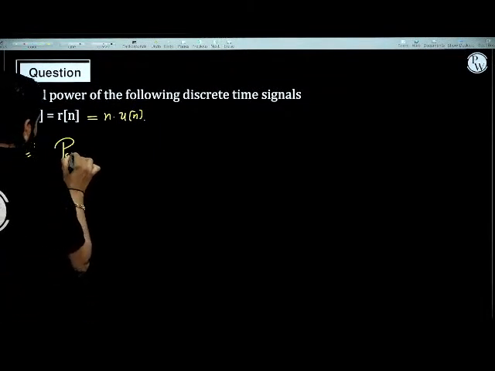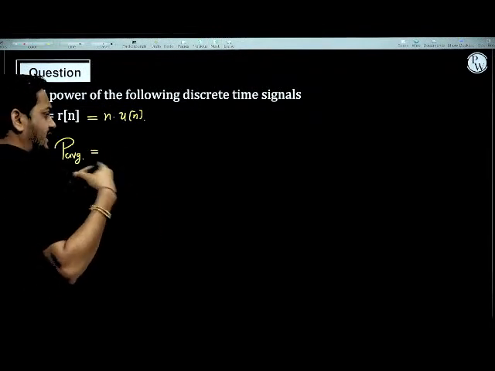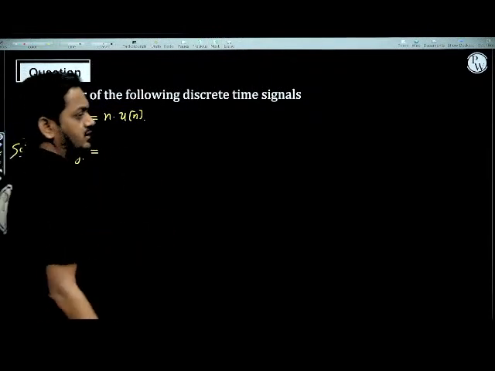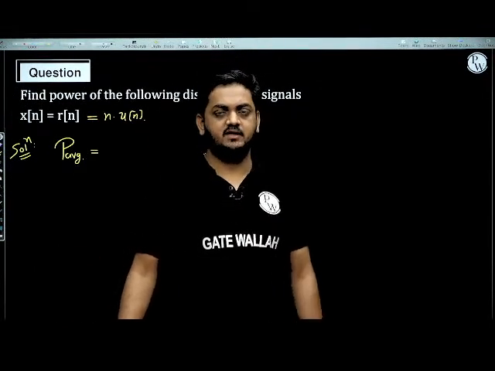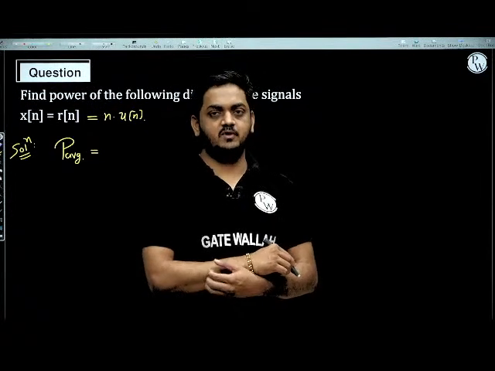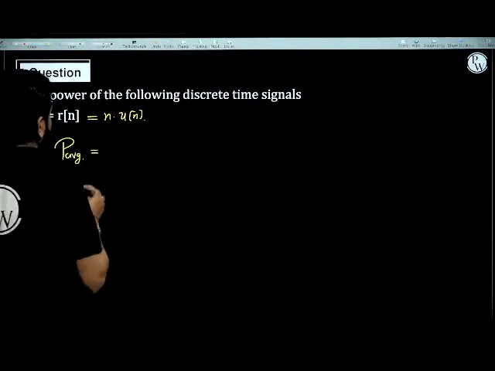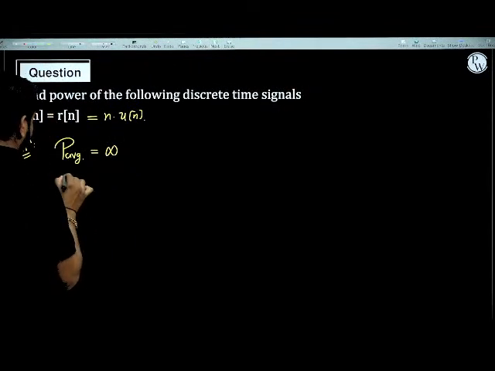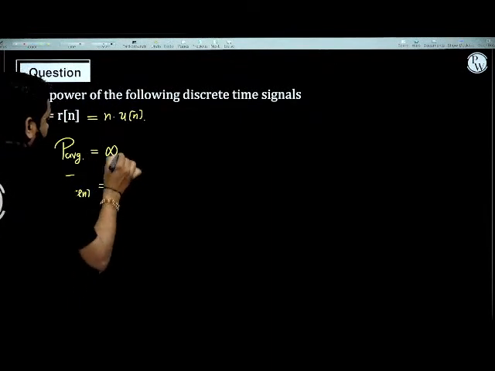So directly here you can write, this is neither an energy nor a power signal, whether discrete ramp function or continuous ramp function. Each and every infinite duration increasing function, whether left sided, right sided or both sided, is always neither energy nor power signal. Average power will be infinite and average energy will also be infinite, guys. So here the average power is infinite and the total energy of this discrete ramp function is also infinite.